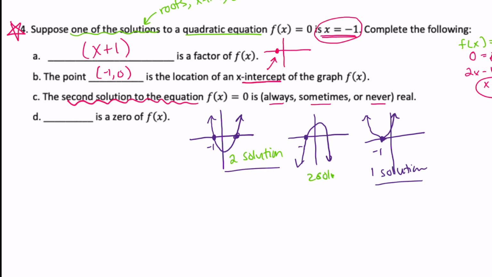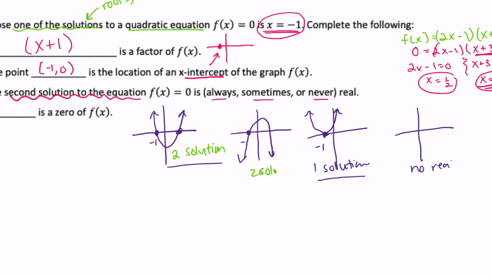I still have the case where I have no real solution. We're going to talk more about that case in a second, but just think about what it would look like. You'd have a quadratic parabola, either down in the bottom, opening down so that it's not going to cross the x-axis, or up top, opening up so it's not going to cross the x-axis.